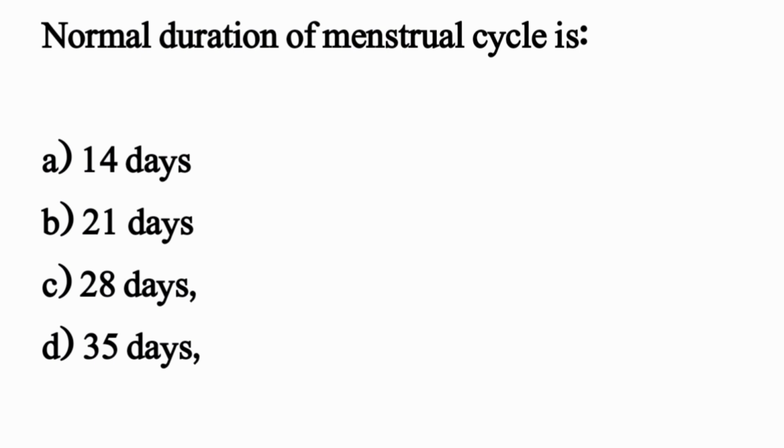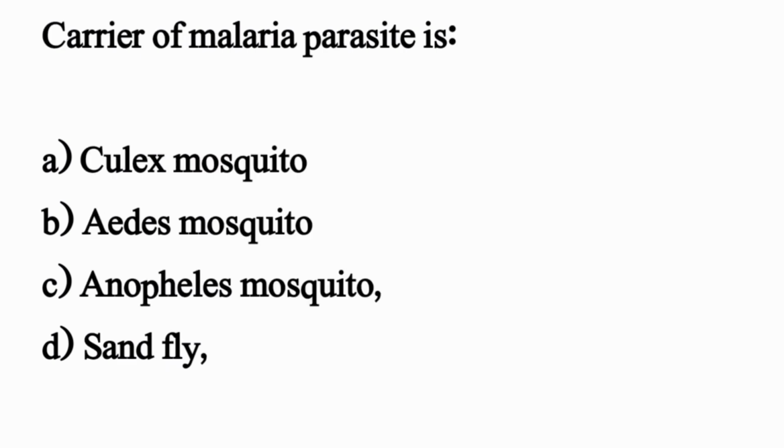Normal duration of menstrual cycle is. The right option is option C, 28 days. Carrier of malaria parasite is. The right option is option C, Anopheles mosquito.